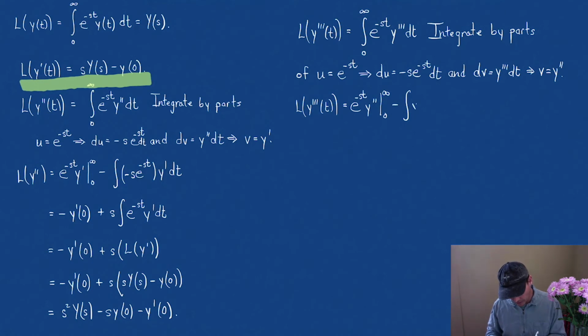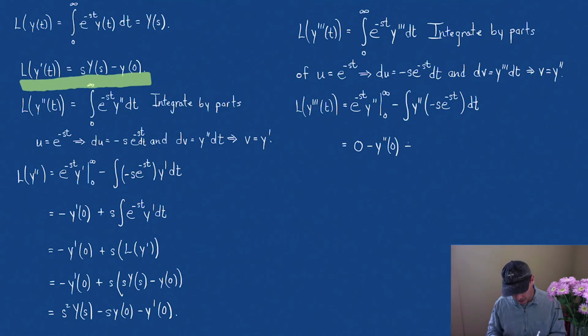V is y double prime, du is minus s e to the minus st dt. Let's do some cleanup now. When you evaluate this at infinity, we get a 0. Then we're going to pick up a minus. E to the 0 is going to be a 1. So minus y double prime evaluated at 0.